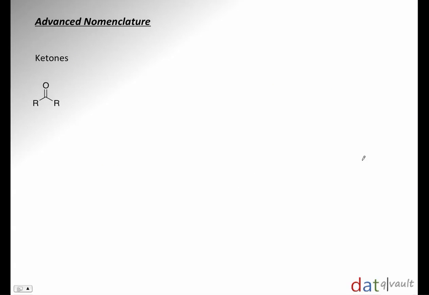Alright, the next functional group we're going to look at is a ketone. Ketones have this general structure here where the R groups are both alkyl groups, and ketones have the suffix -one. Taking a look at this example of a ketone, we're going to start by naming again the longest hydrocarbon chain, and we want the carbonyl bearing the oxygen to be at the lowest number because it has priority over the alkyl substituents.